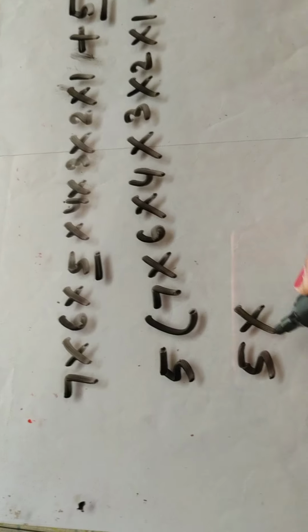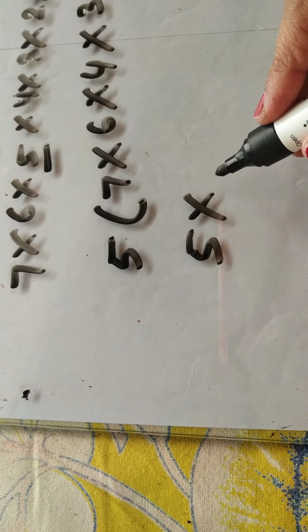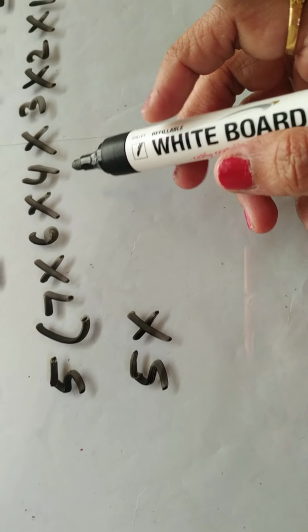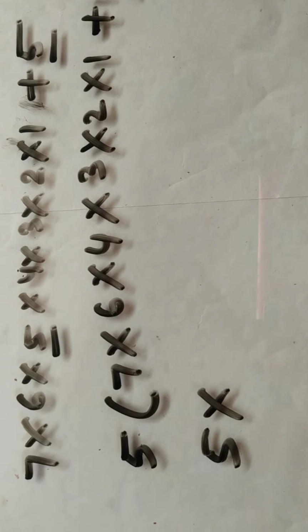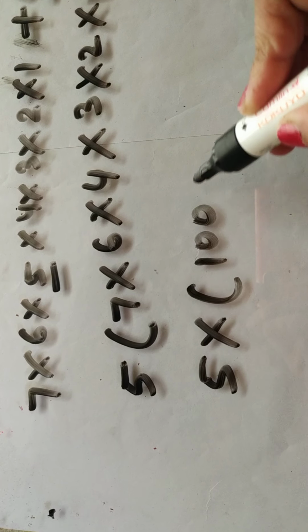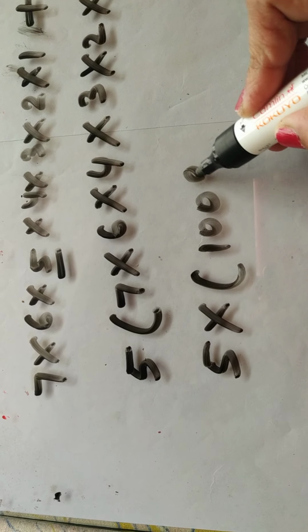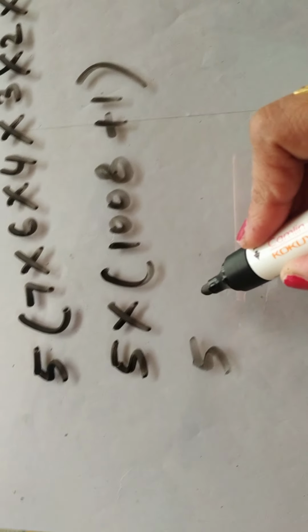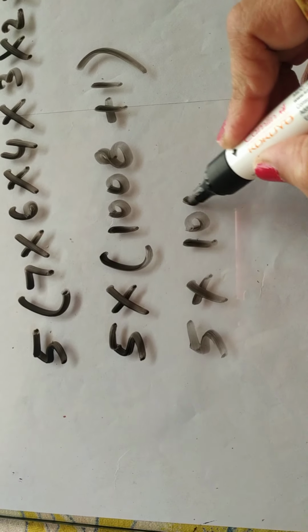5 into 7 into 6... 1008 plus 1. 5 into 1009.